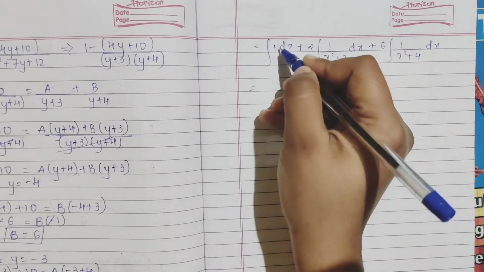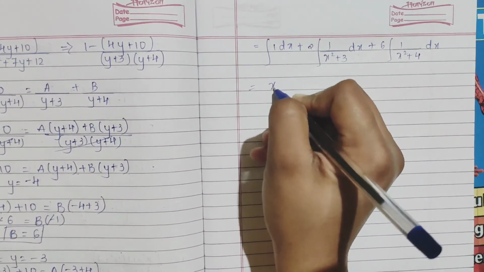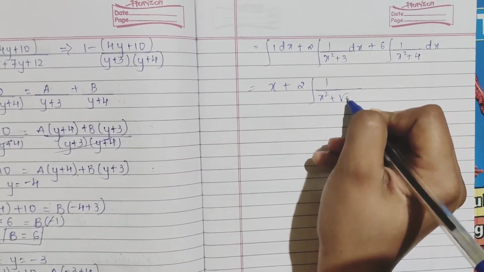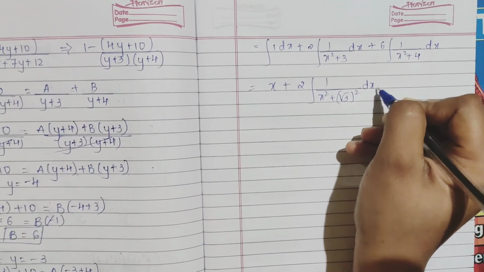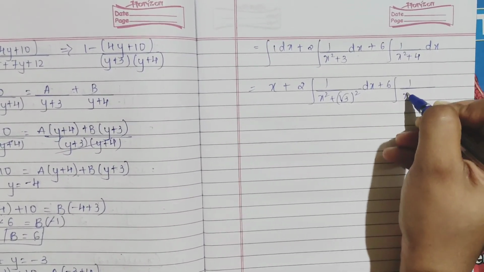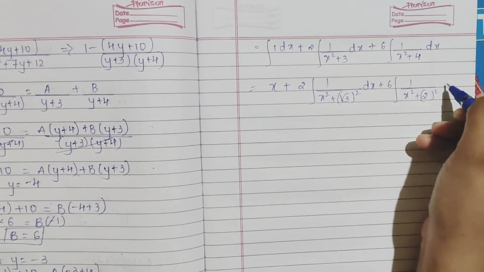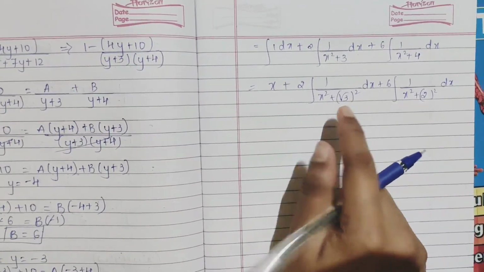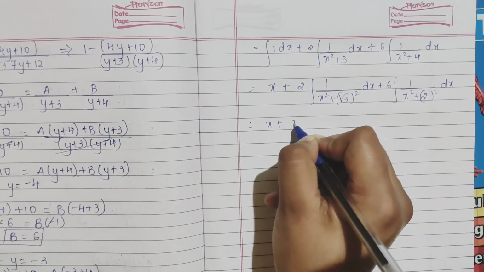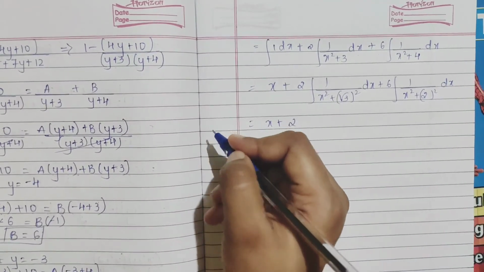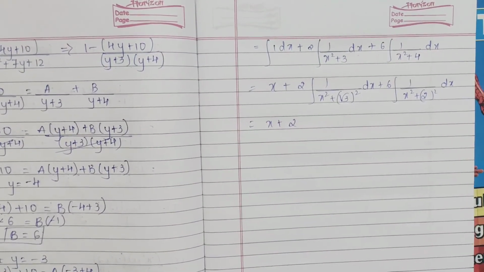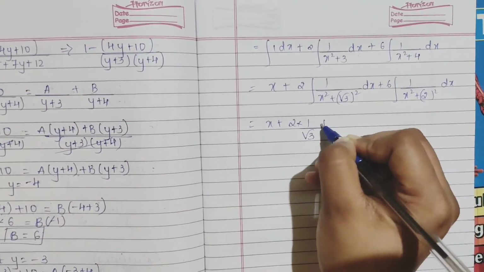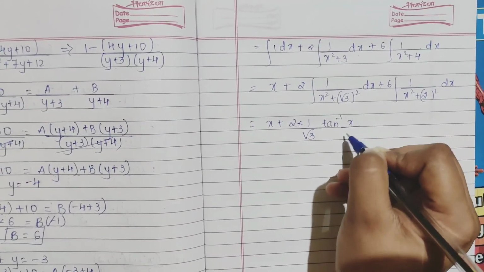The integration of 1 with dx gives x plus 2. Here I can write 3 as (√3)², plus 6 times 1 upon x² plus 2². So I am getting x² plus a², your standard formula. The integration of 1 by (x² + a²) is 1 by a tan inverse x by a.